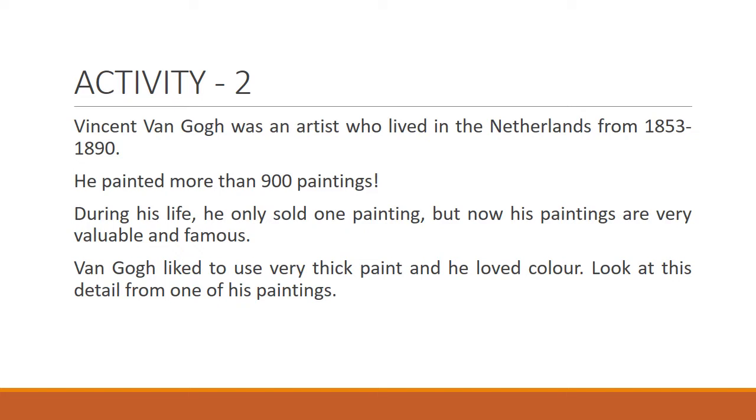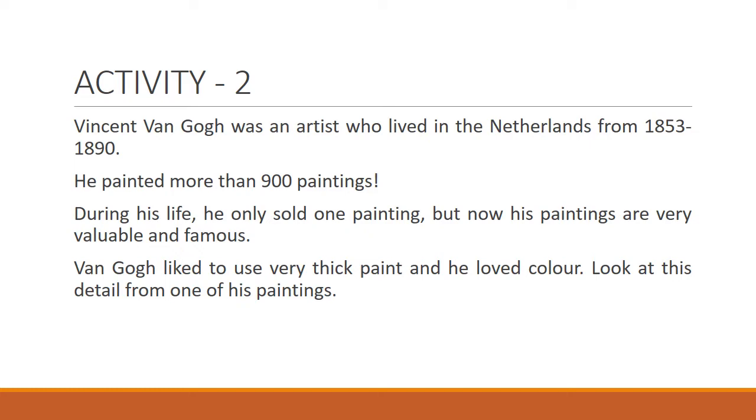So he was an artist who lived in the Netherlands from 1853 to 1890. He painted more than 900 paintings. Like you can imagine, at your age, you may not have created various paintings by yourself from your imagination, but these artists, they draw like that.